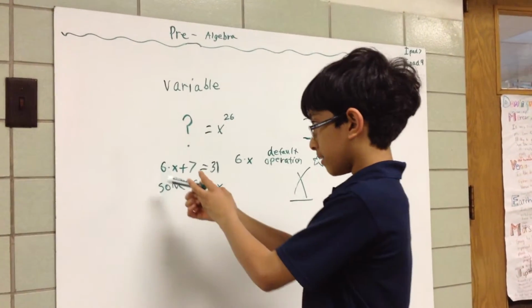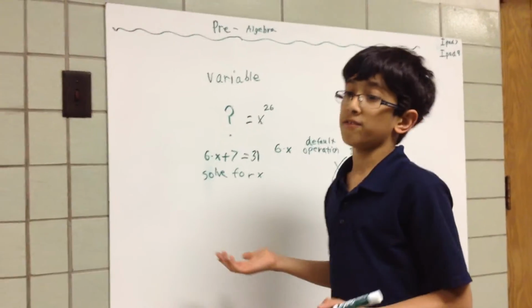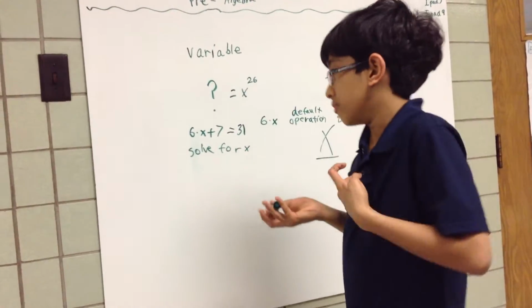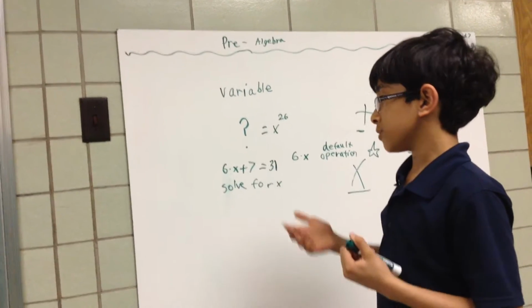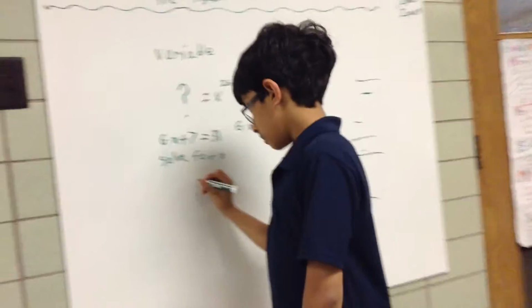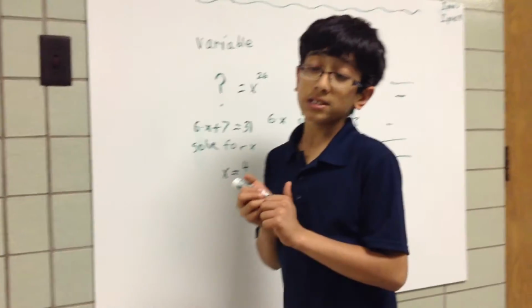And 6 times x equals 24. Well, 6 times 4 equals 24. Since x is an unknown number, 6 times 4 equals 24, plus 7 equals 31. So x is 4. See? That was really easy.